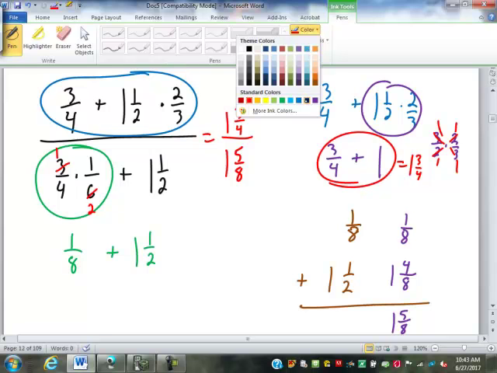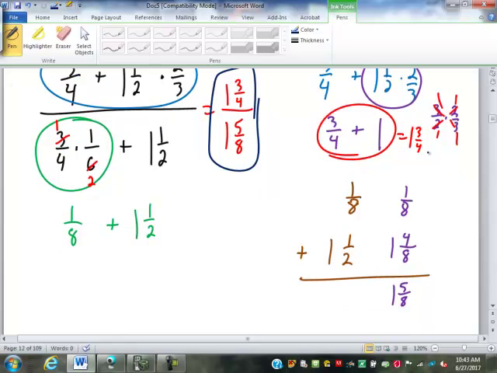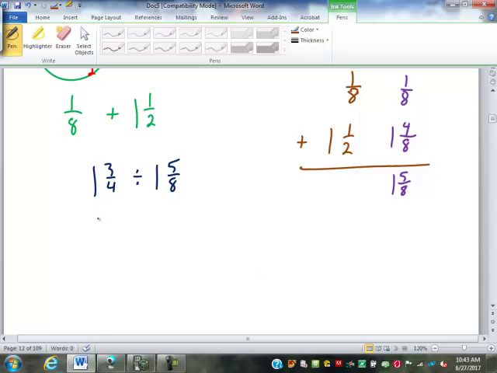So we've done the 2 separate problems. We still have to combine them by dividing 1 3/4 by 1 5/8. So our first step, of course, is to go improper. 1 3/4 will be 7/4. 1 5/8 will be 13/8.